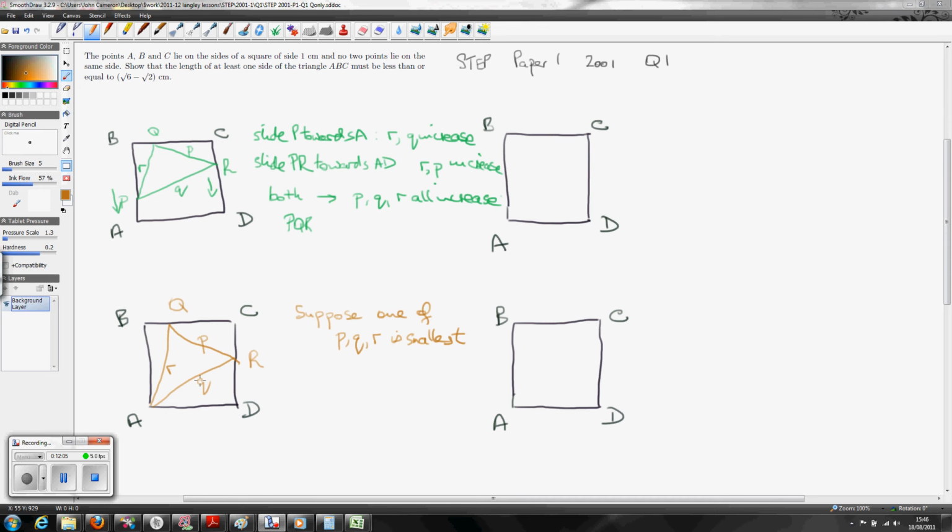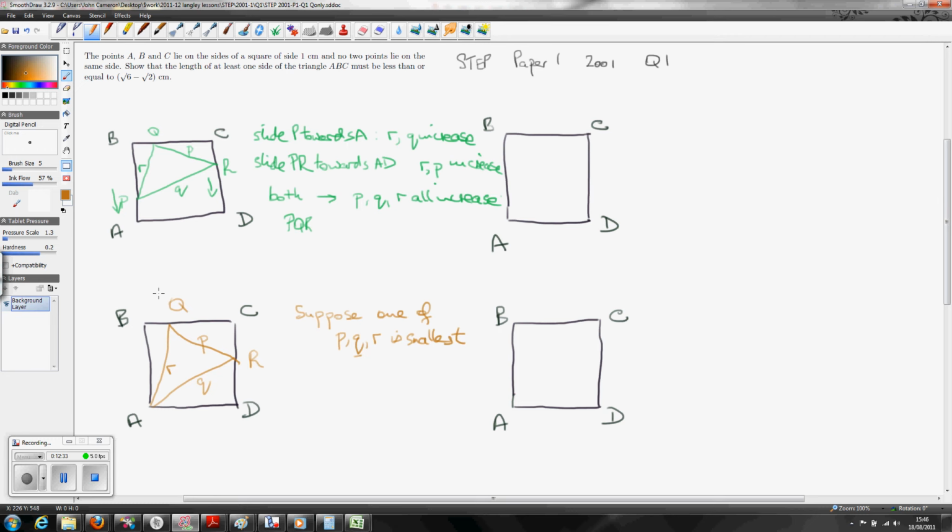Right, we've shown that the triangle we're looking for must have a corner which coincides with the corner of the square. Now let's deal with some other cases, and now I want to assume that this is the triangle which has the property we're looking for, and I want to assume that one of p, q and r is smaller than the others. And if that's the case, I've drawn roughly the triangle here, so say r is smallest.